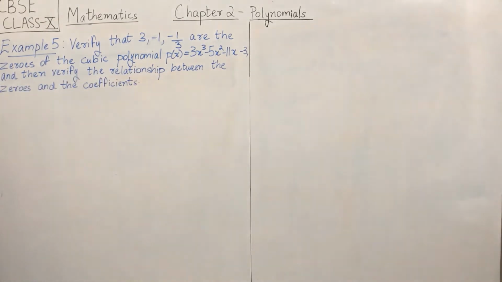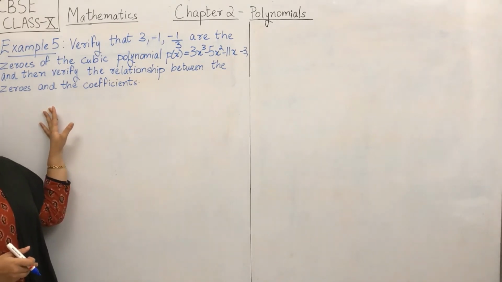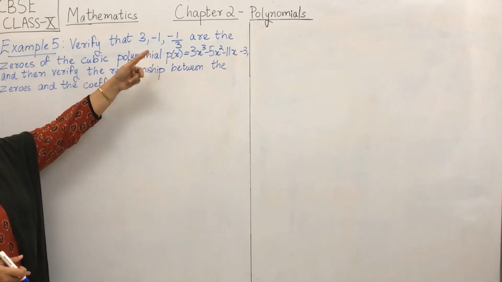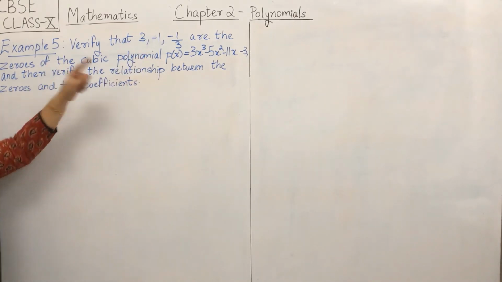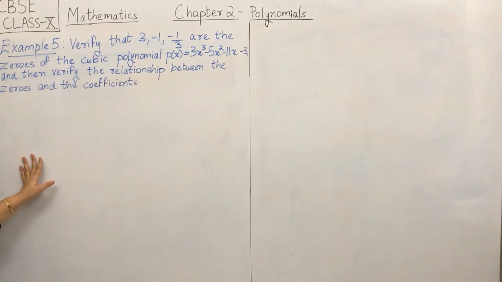Verify that 3, minus 1 and minus 1 by 3 are the zeros of the cubic polynomial p of x equals 3x cube minus 5x square minus 11x minus 3, and then verify the relationship between the zeros and the coefficients. Firstly, we need to check whether the given values, that is 3, minus 1 and minus 1 by 3, are zeros of the given polynomial.